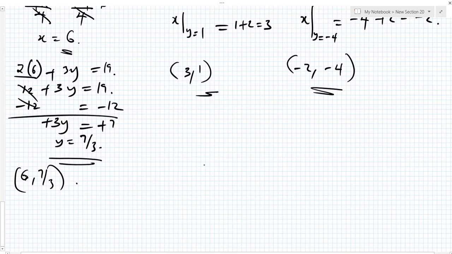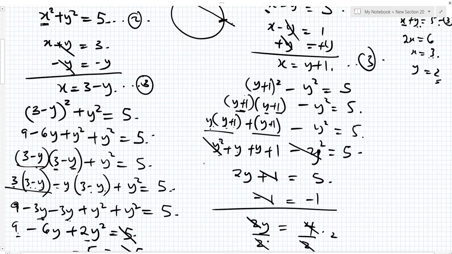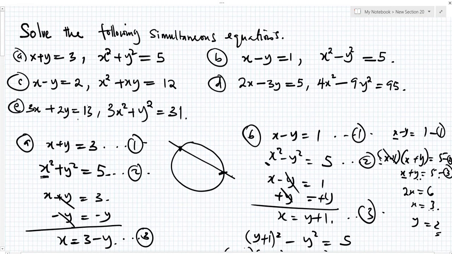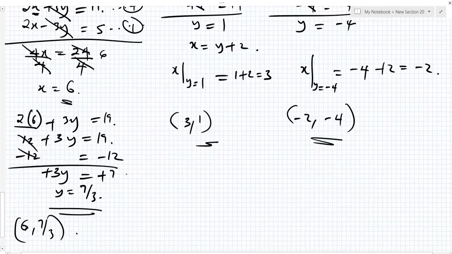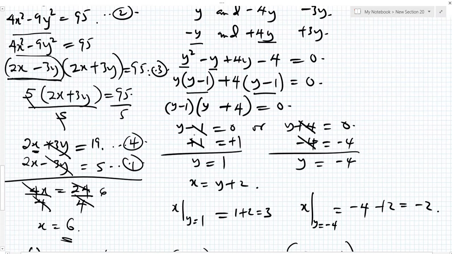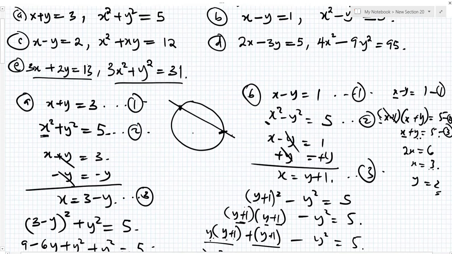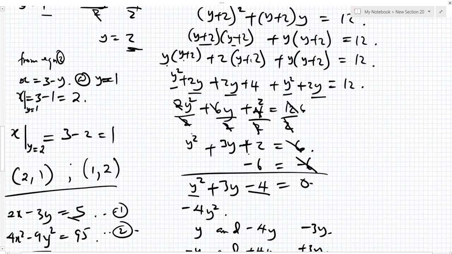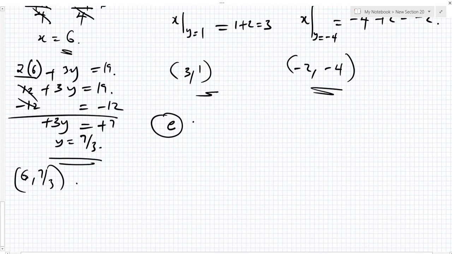Which is fast. Now let's go over to this other one. So we have 3x plus 2y equal to 13, equation 1.